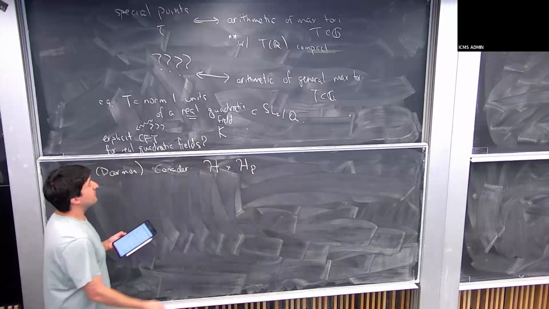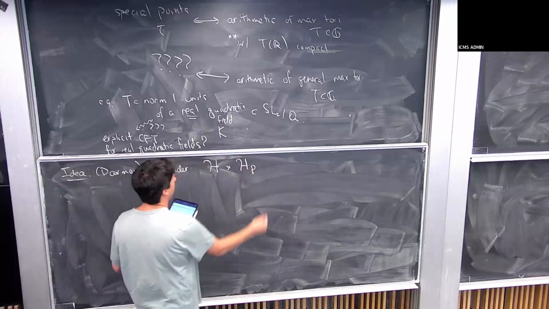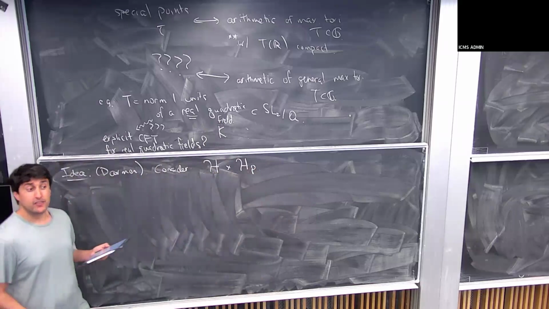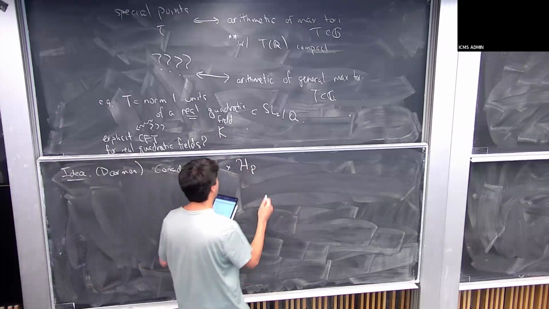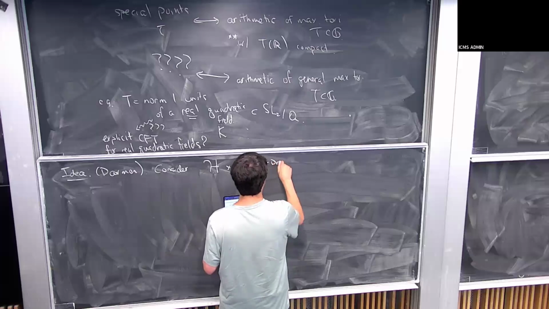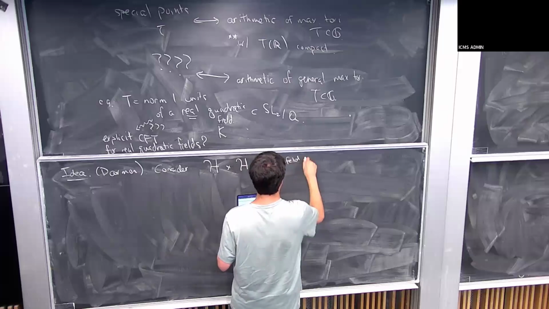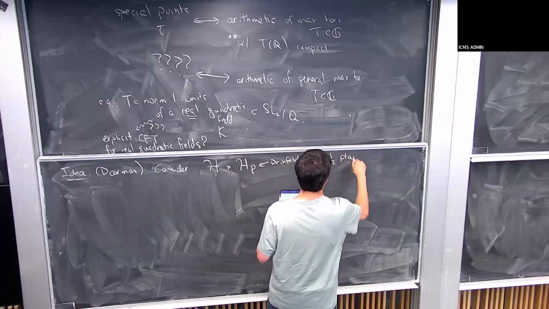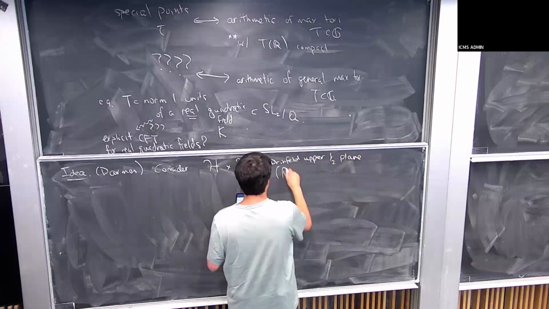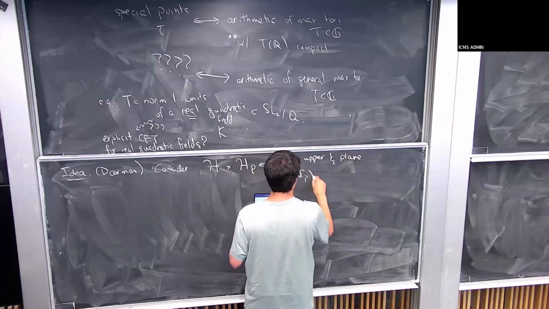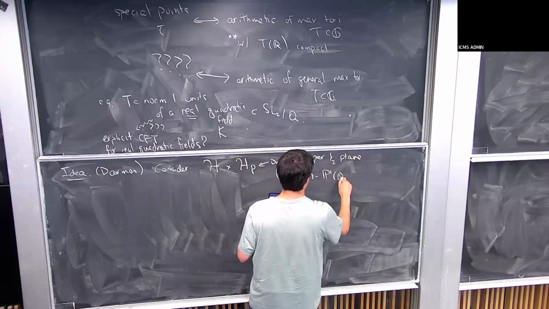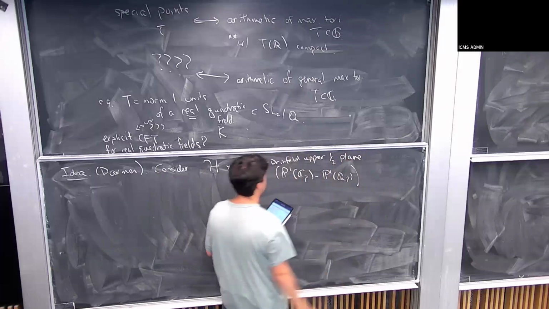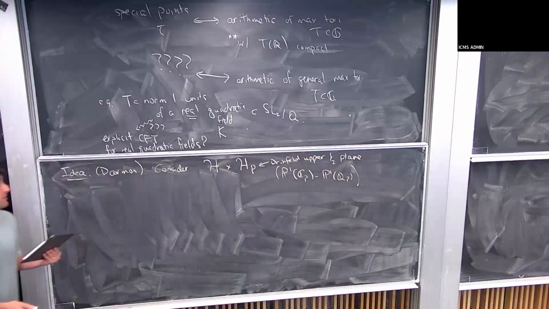So you consider the complex upper half plane cross a p-adic symmetric space, the Drinfeld p-adic upper half plane, which is just P1 of CP minus P1 of QP. It's a short way of thinking about it.